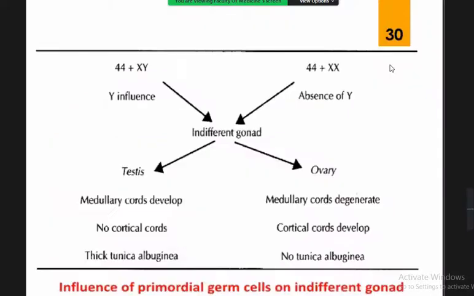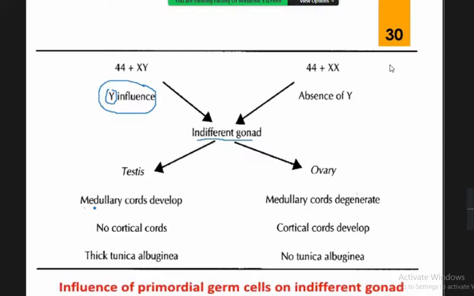So what is the effect of the primordial germ cells entering the indifferent gonad? In case these primordial germ cells entering have the SRY gene, meaning that they carry the Y chromosome, then this indifferent gonad is automatically going to develop into a testis.